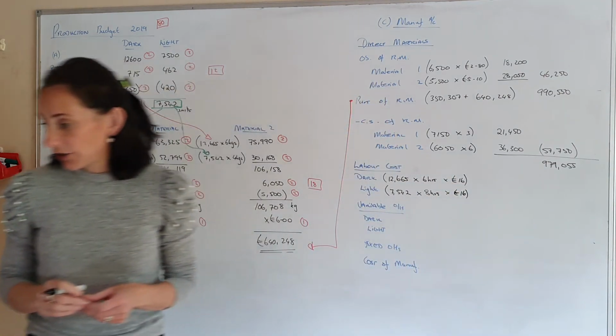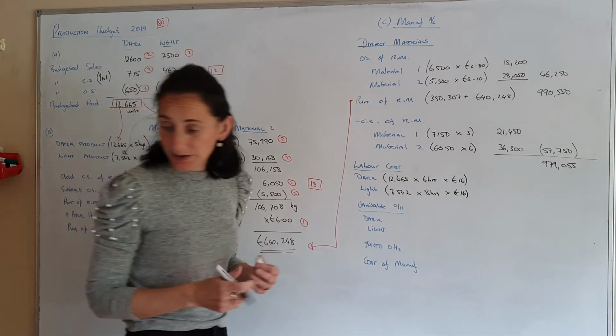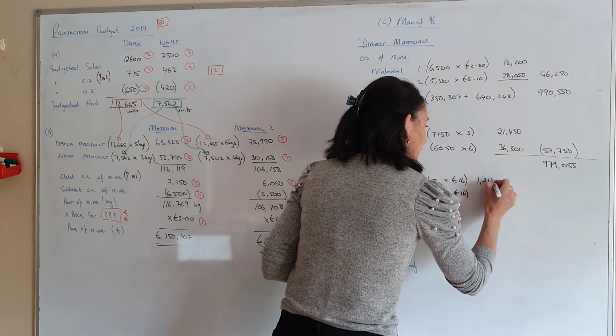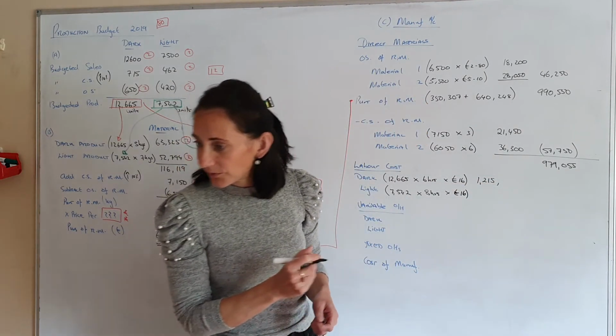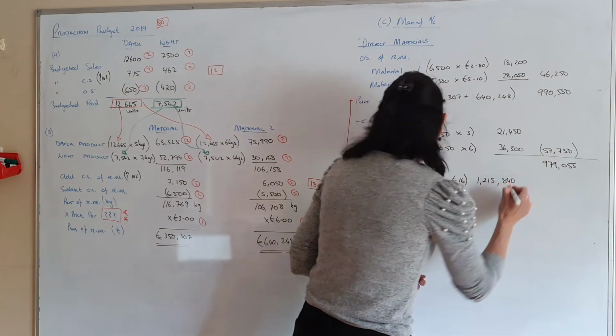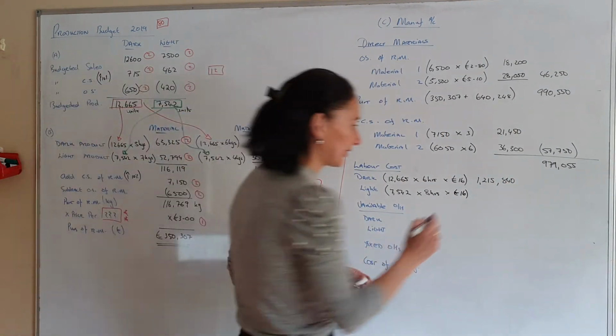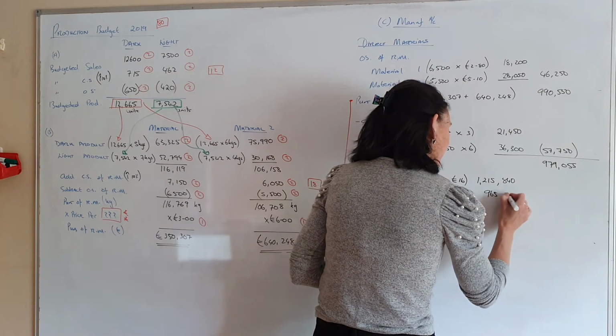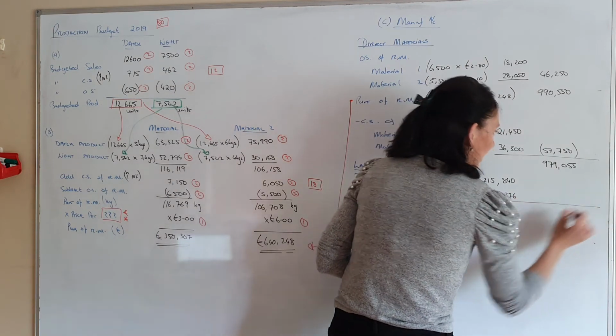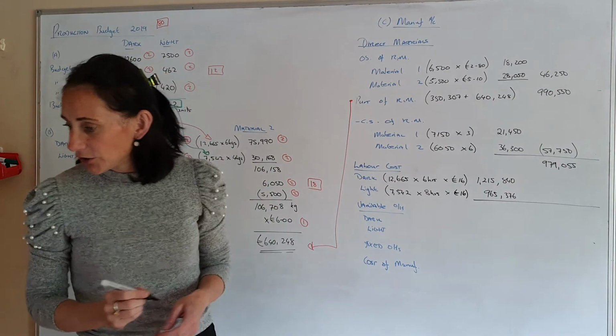Okay, and you calculate 2 of them and you get your total labour cost. So that's 1,215,840 for dark, and the light labour cost 965,376. And we'd add them on here again, okay?